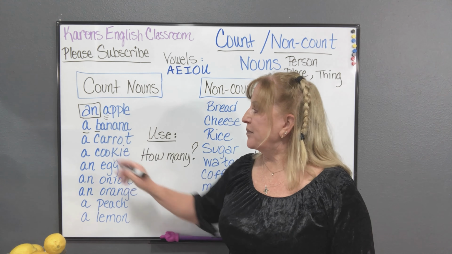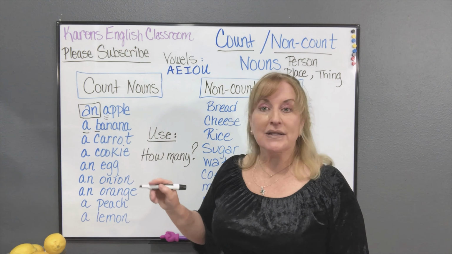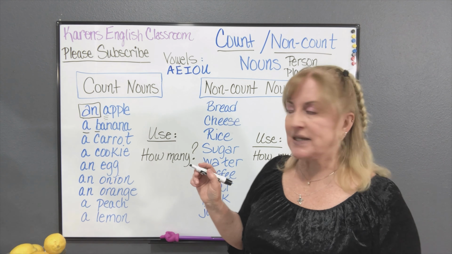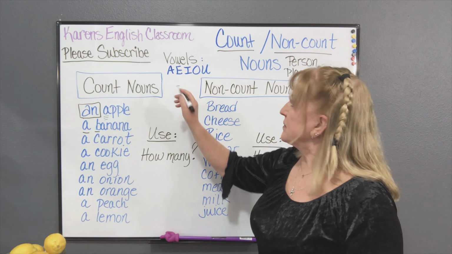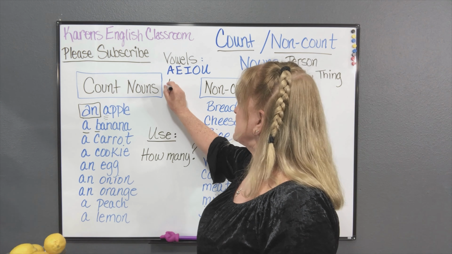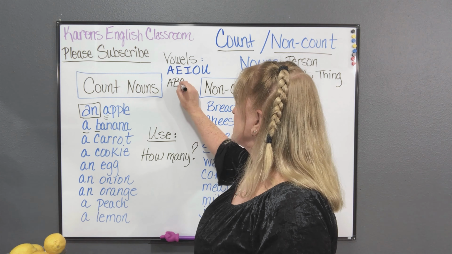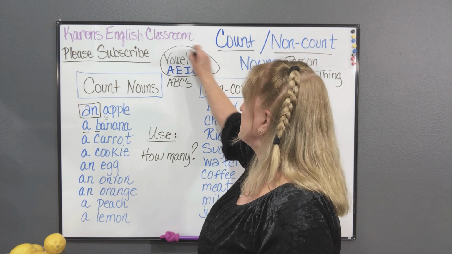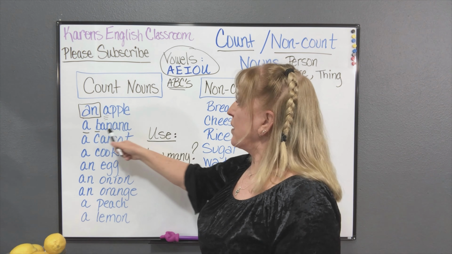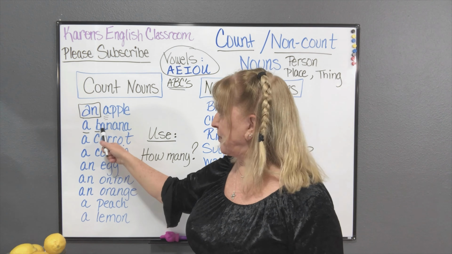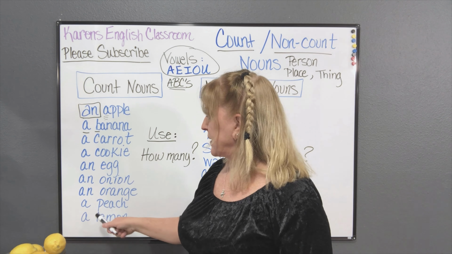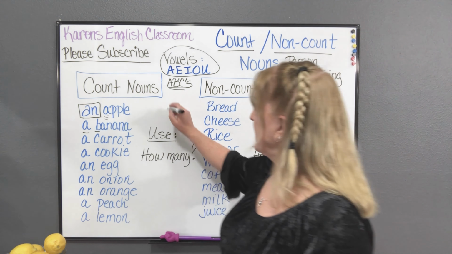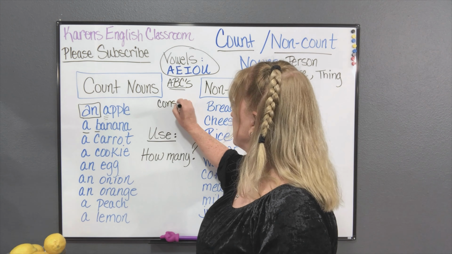Now B is not a vowel, so that's called a consonant. In our ABCs, we have our vowels, but all the other letters, for example, B, C, P, L, are called consonants.